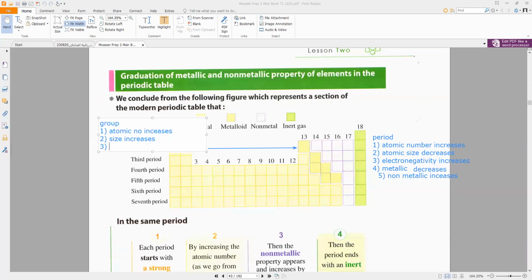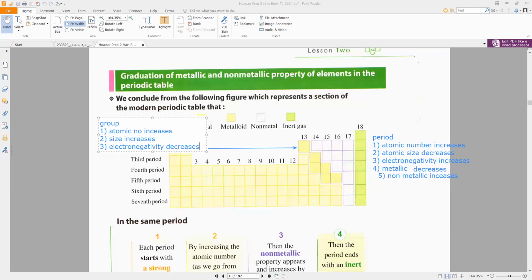Number 3, electronegativity. As the size increases, the attraction between the nucleus and the outermost electrons decreases, so electronegativity decreases.